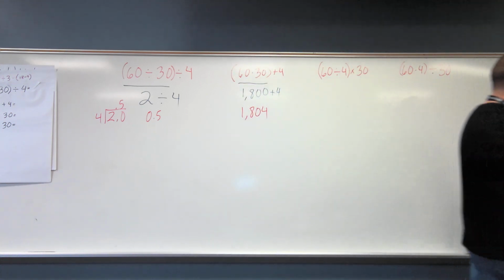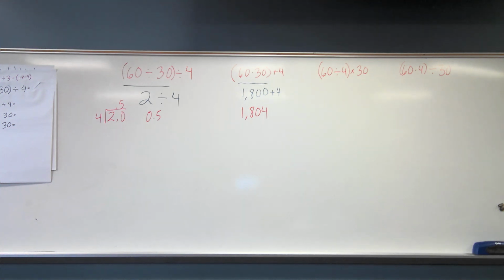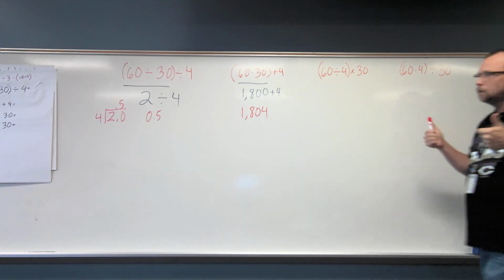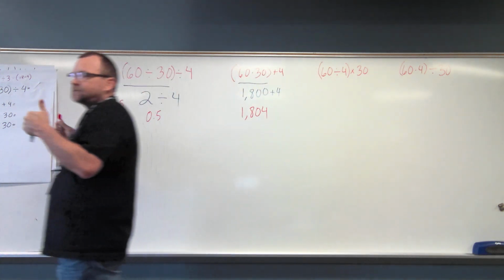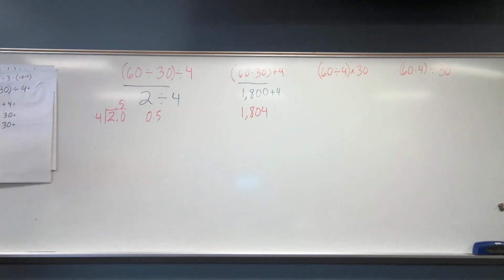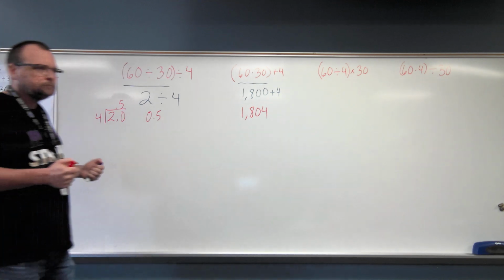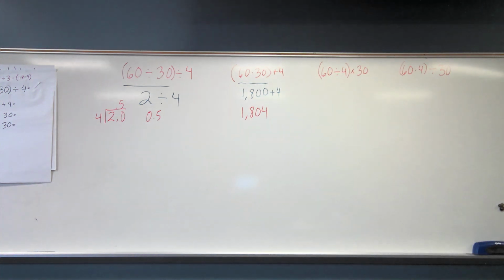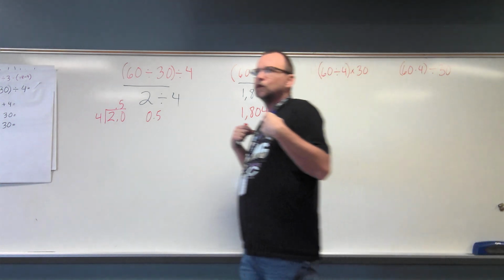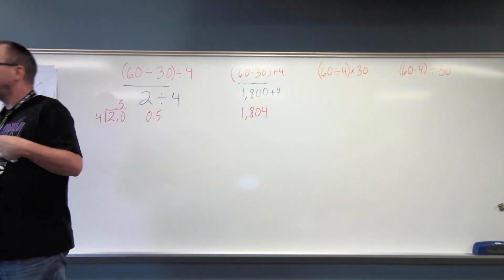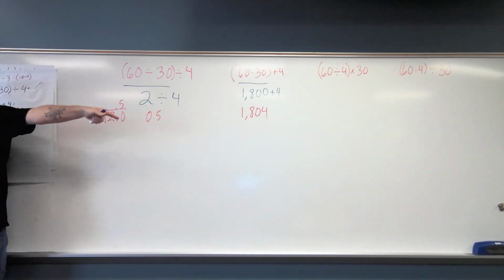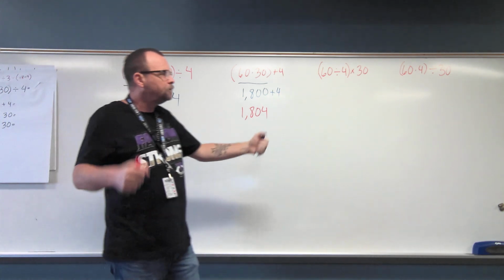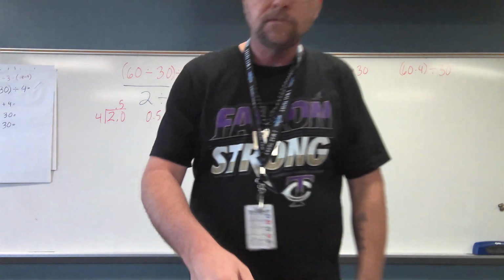So if you selected this one, you just said it takes him 1,804 minutes to run 1 mile. That seems silly. That even I, as out of shape and lazy as I am, could probably walk a mile in far, far less time than that. So we have to check our answers.